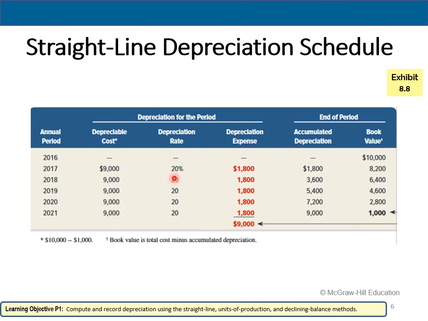Depreciation rate was just 1 divided by the useful life, so 20% per year. And this is the same information we just saw. There's your $1,800 per year, and then the accumulated depreciation increasing each year, and the book value decreasing each year.